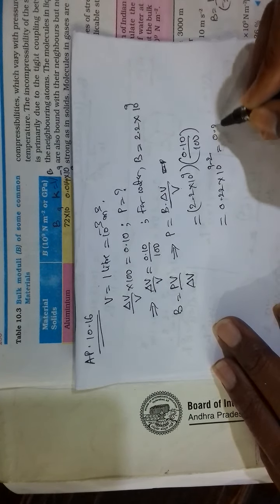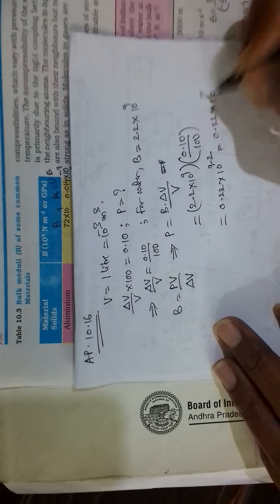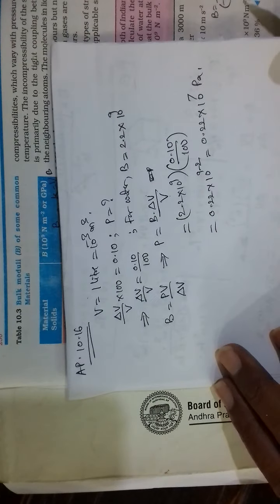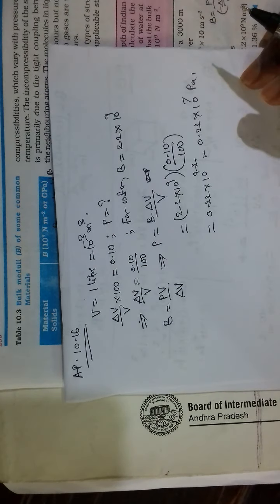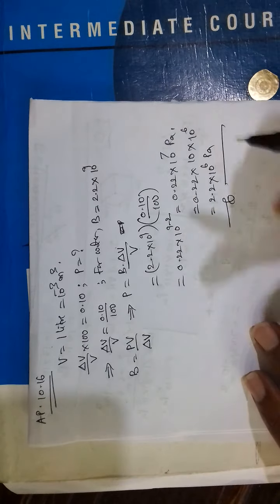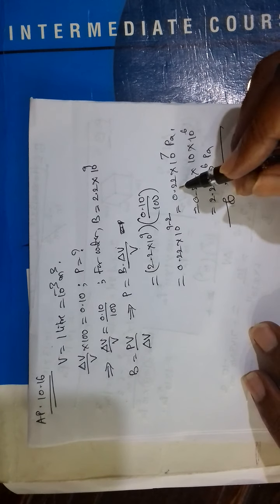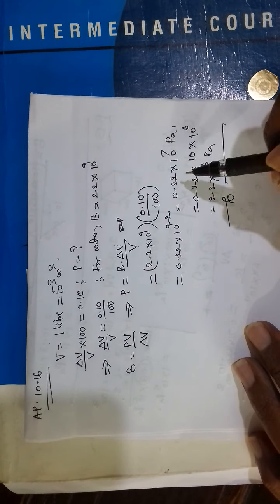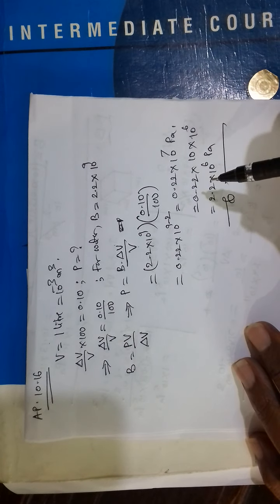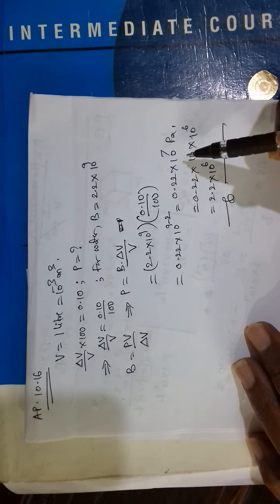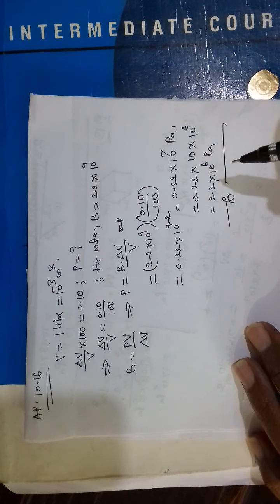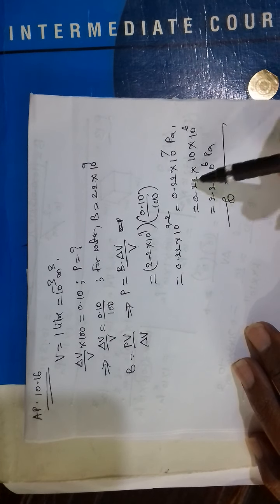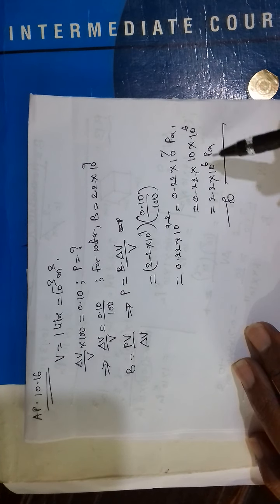We get 0.22 into 10 power 7 pascals or Newton per meter square. Now look into the answer. We got this answer, 0.22 into 10 to the power 7. But generally in the answers, the power is an even number. 10 power 7 can be written as 10 power 6 into 10, then you multiply this by 10. It becomes 2.2 into 10 power 6.